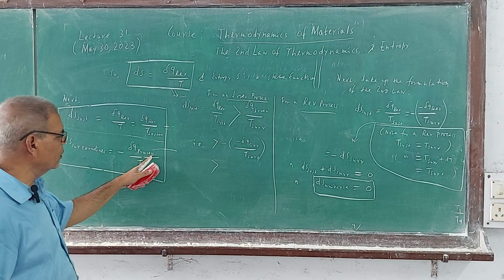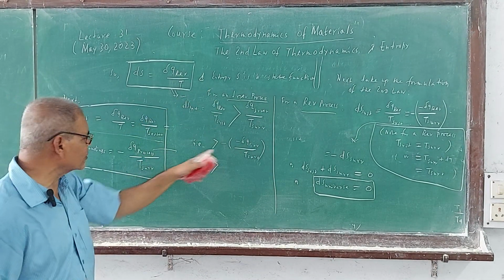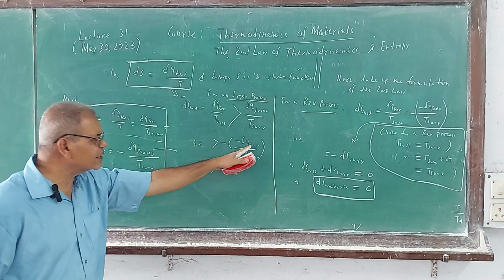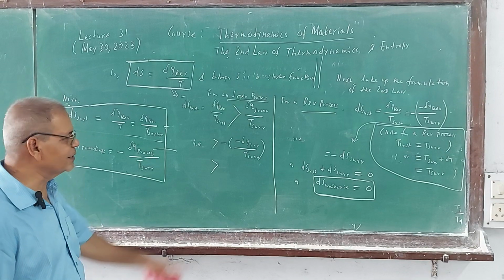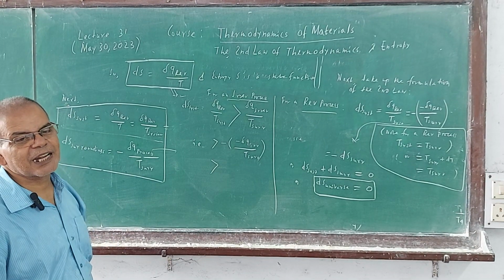Okay, minus dQ, so what have we written? Since it is irreversible, what is the process? Irreversible process. And this I have written there. That means what is this thing in bracket? What is this? dS surrounding.